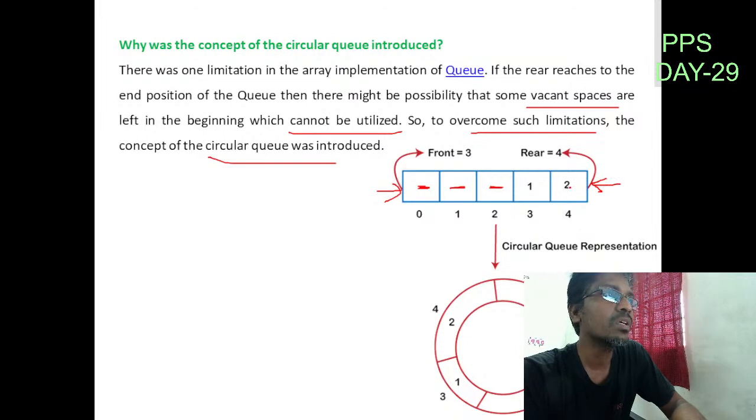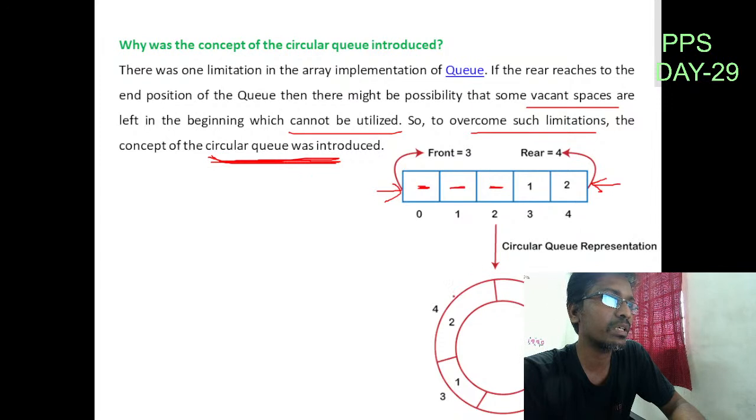Even though the queue contains vacant positions, you cannot insert a new element into the queue. This is one of the limitations of the queue. To overcome it, you have to discuss circular queues.